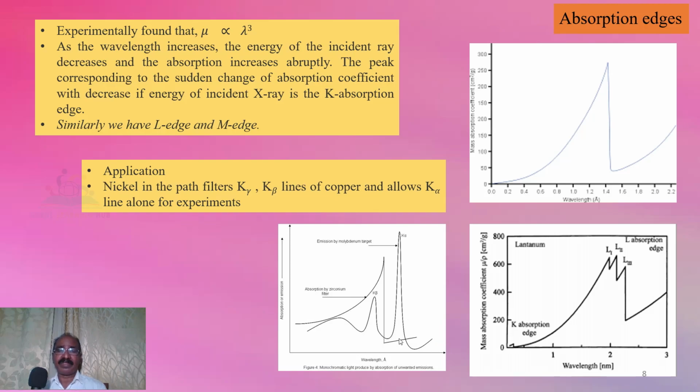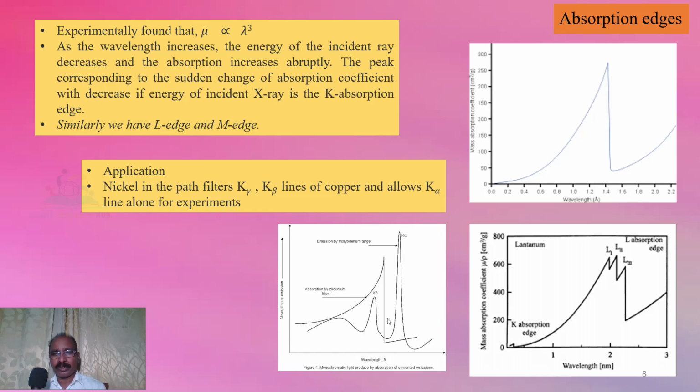Similarly, for the zirconium target also, we have another edge, K alpha edge. If we take the molybdenum target, we have three lines. If we take copper also, we have three lines, K gamma, K beta, and K alpha. But for experimental purposes, we need only the K alpha line. Other lines are not needed for experiments.